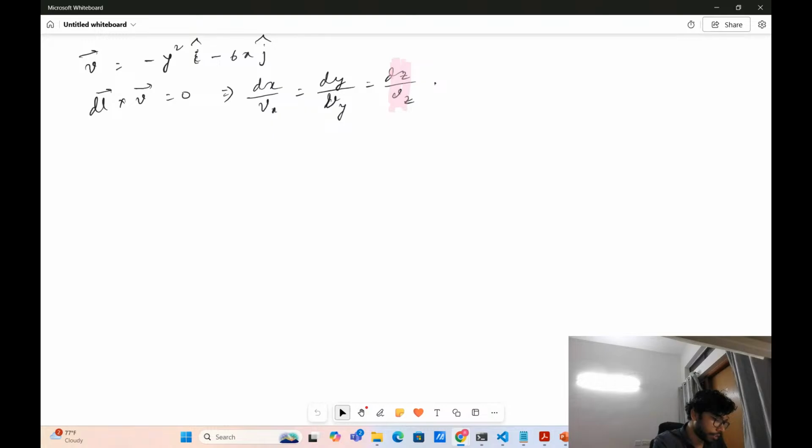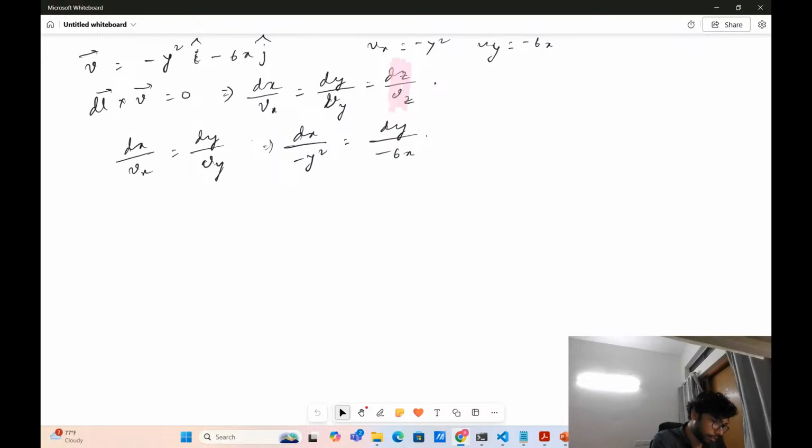We can calculate the streamline just from dx by Vx equals dy by Vy. Now, your Vx is minus y square, Vy is minus 6x. So we put it over here: dx by minus y square equals dy by minus 6x. Therefore, minus 6x dx equals minus y square dy.